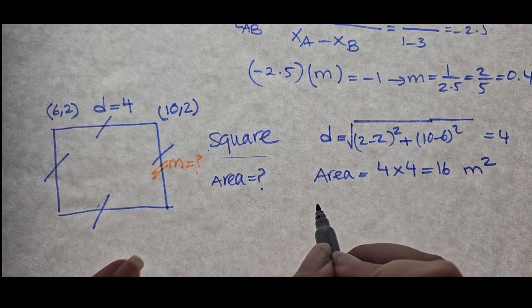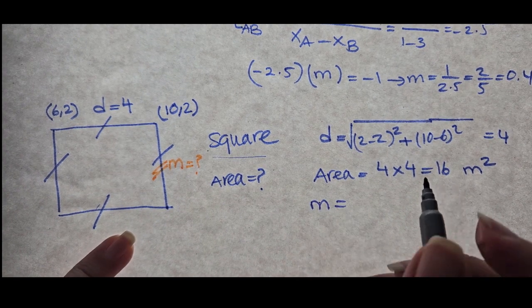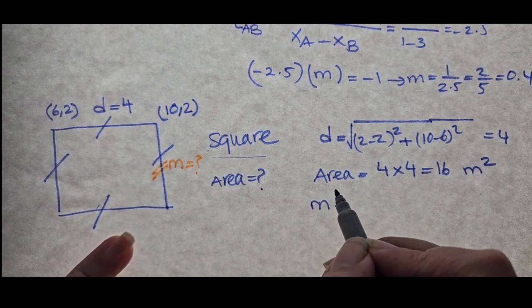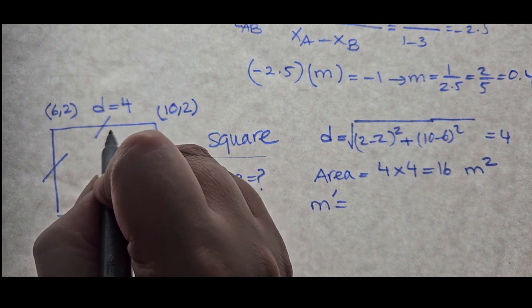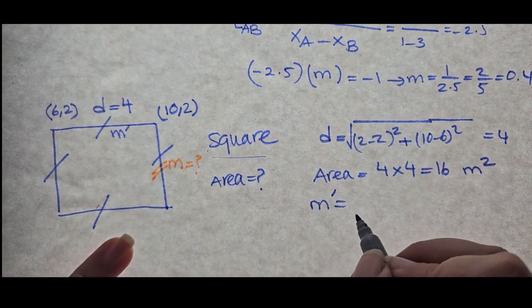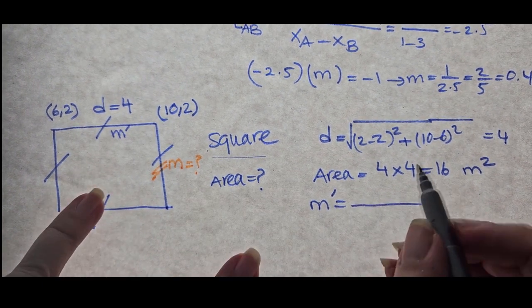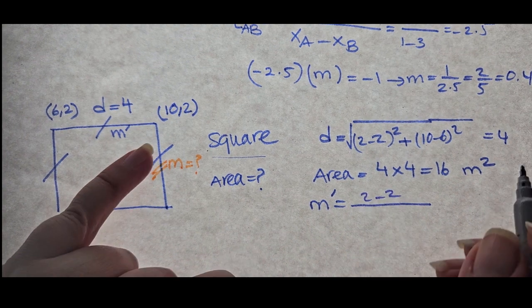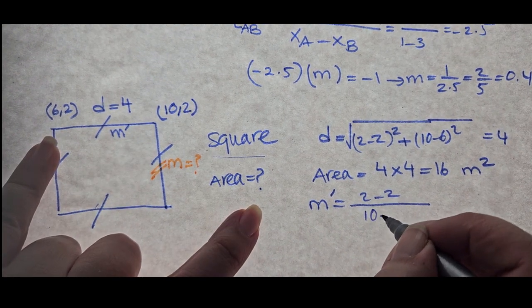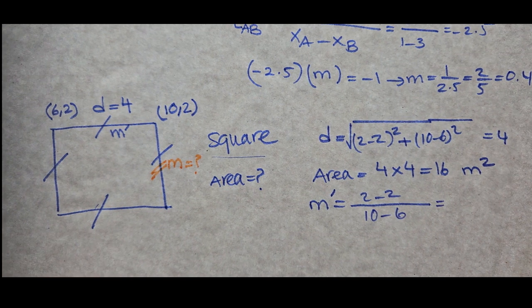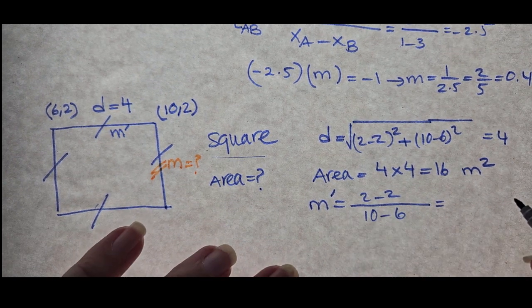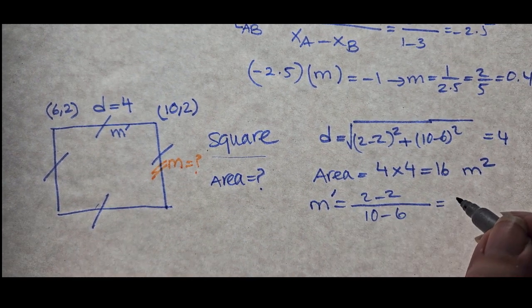So first of all, what you know is that the two sides are perpendicular, right? So again, if they're perpendicular, that means the slopes multiplied together give -1. Okay, and now let's calculate the slope of the given line. So the slope is 0 divided by 4.